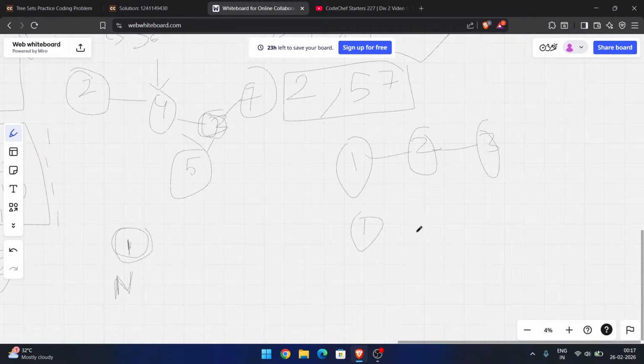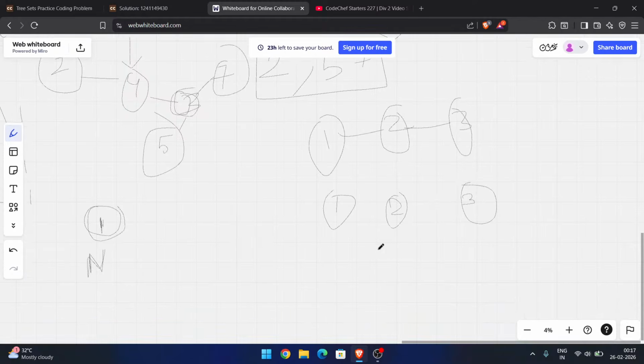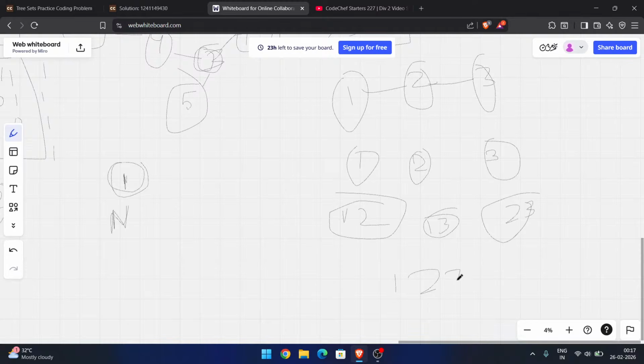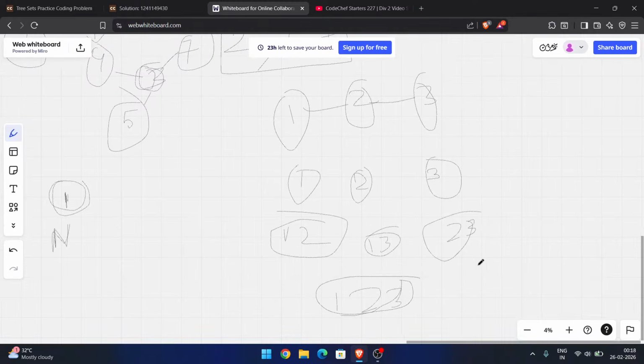It can form 1, or 2, or 3. I'm writing the subsets: 1 and 2, 1 and 3, and 2 and 3. And one more would be 1, 2, and 3. So this should be our answer.